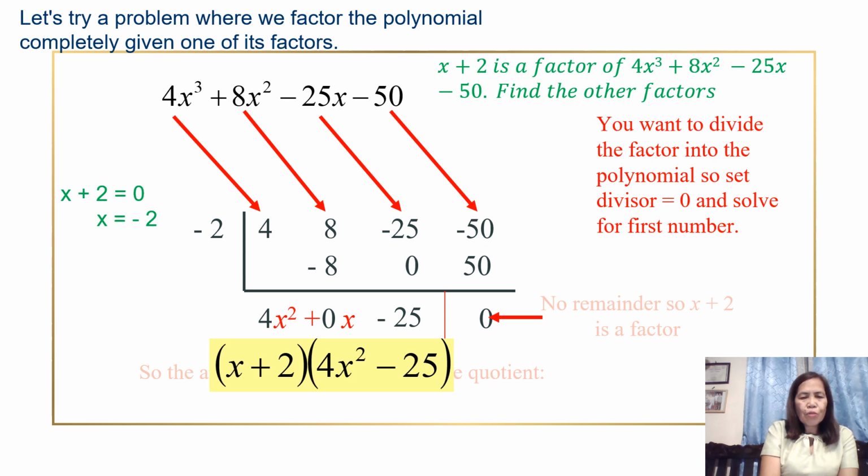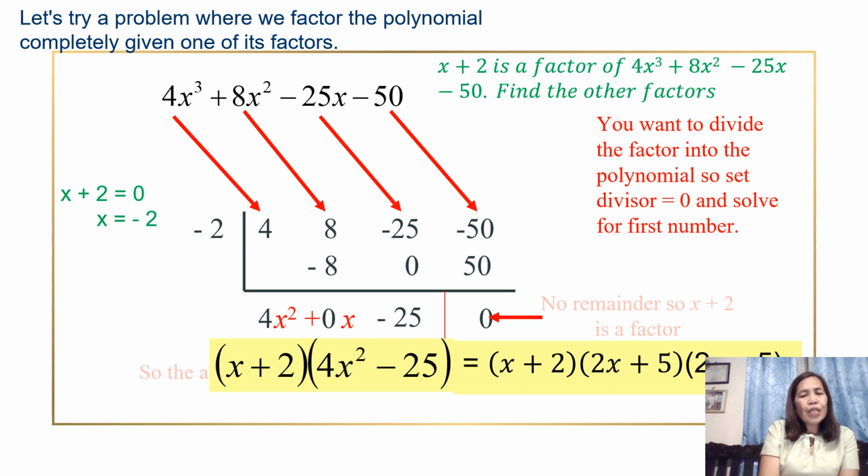X plus 2 times 4x squared minus 25. Eh, ma'am, sabi nyo, tatlo. Dalawa lang yan. Kasi itong 4x squared minus 25, pwede pa natin i-factor. So, that will be x plus 2 times 2x plus 5 times 2x minus 5.